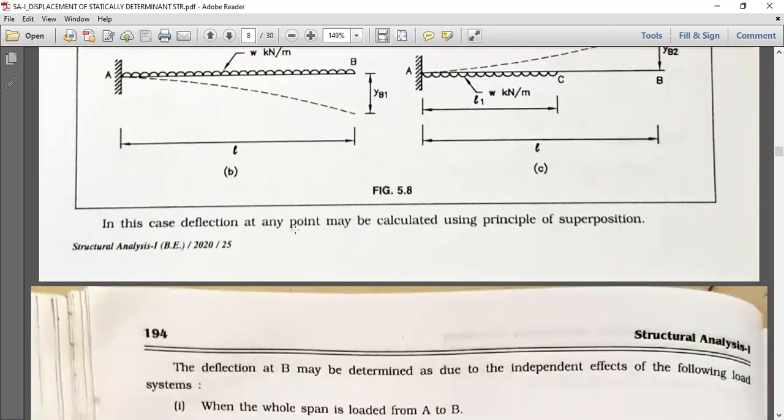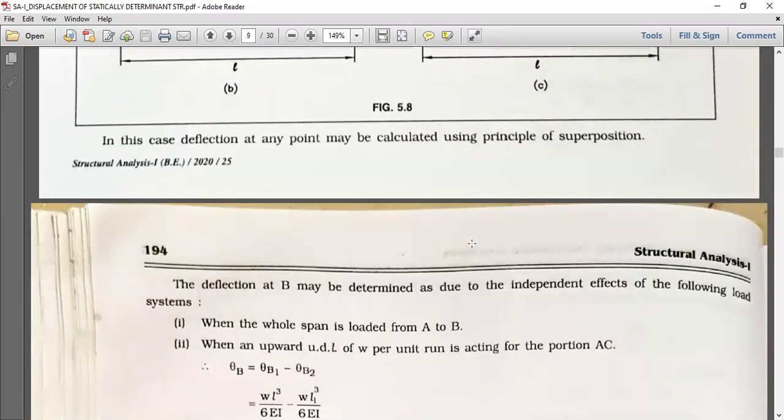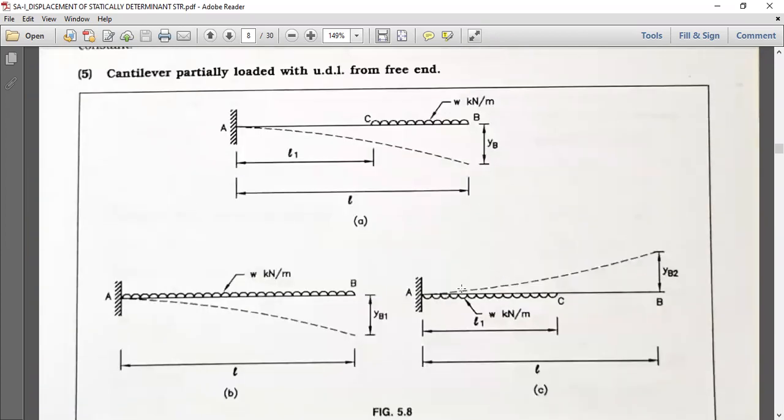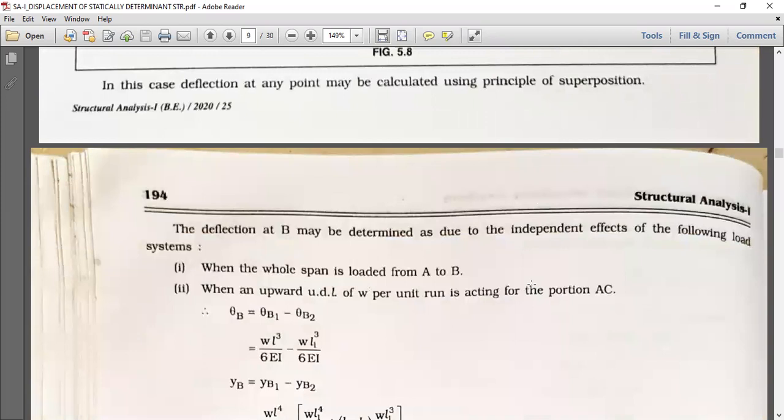In this case, the deflection at any point may be calculated using the principle of superposition. The deflection at B may be determined as due to the independent effect of the following loads.